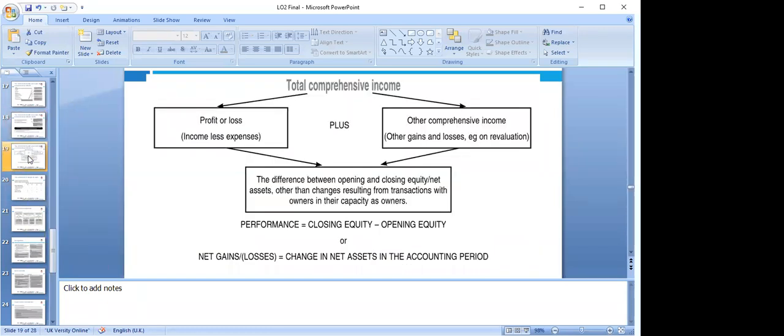Okay, total comprehensive income: profit is income minus expense, then you have other income and gains, and we'll say total performance.